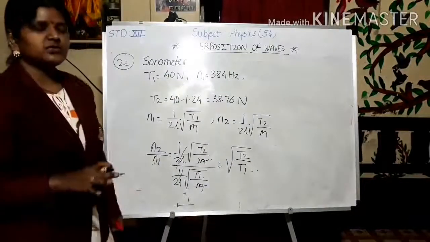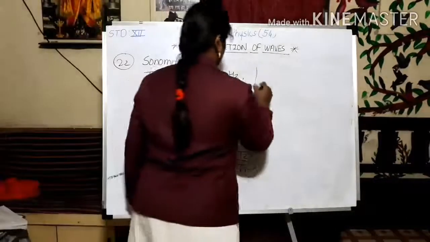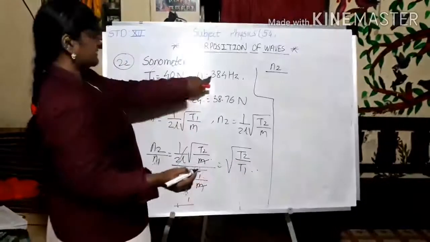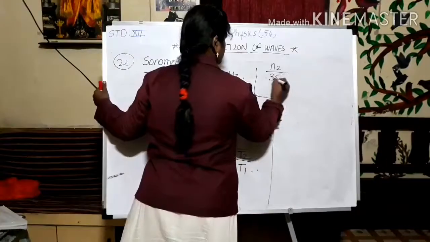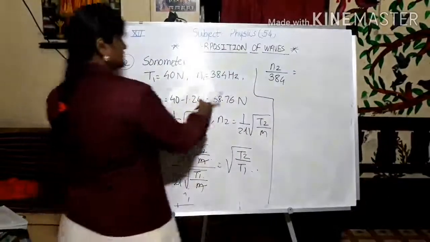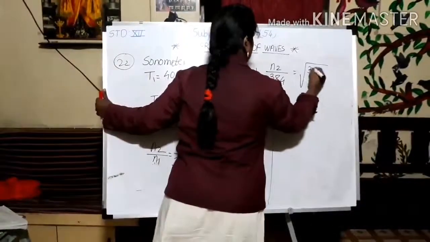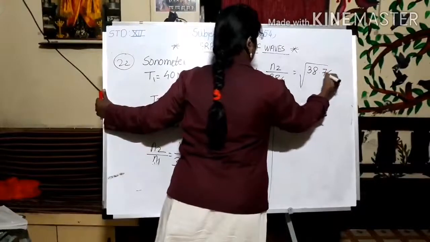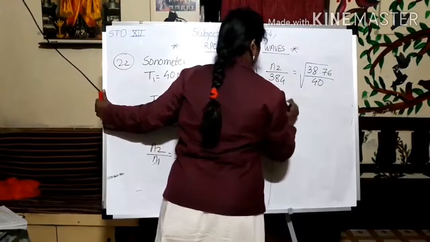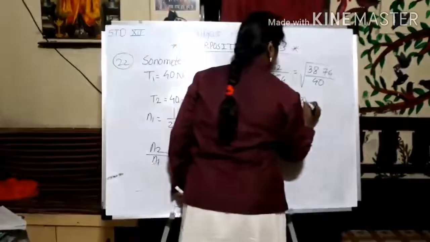Now we will substitute the values for all of them. What is N2? We don't know. What is N1? 384. T2 by T1. T2 is 38.76, T1 is 40, so N2 is nothing but 384 times the root of 38.76 by 40.